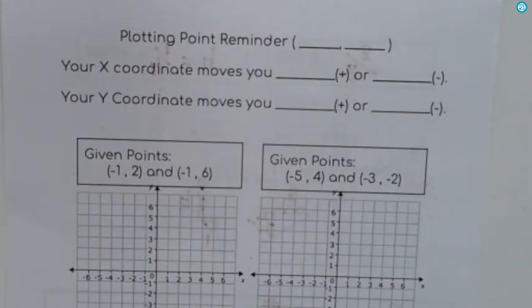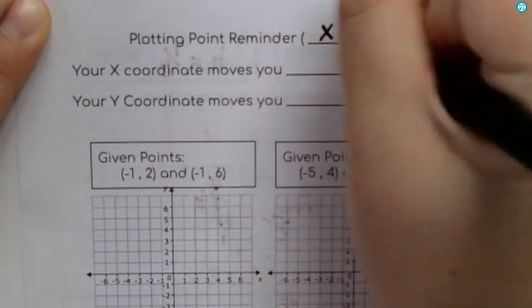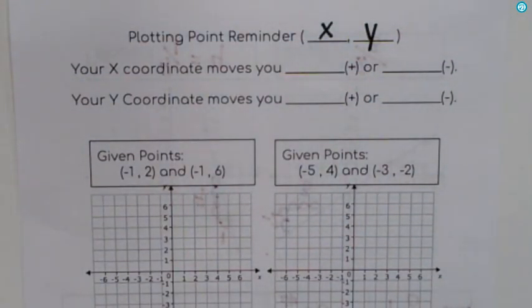So since it's been a whole summer at least since you've probably plotted a point, let's remember some stuff about plotting points. When we are plotting points, our coordinates are x, comma, y. X always comes first. I remember it's the order of the alphabet, X, Y, Z. Your x coordinate moves you either right or left.